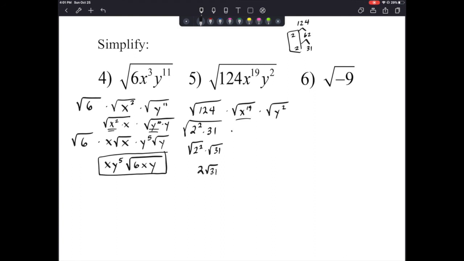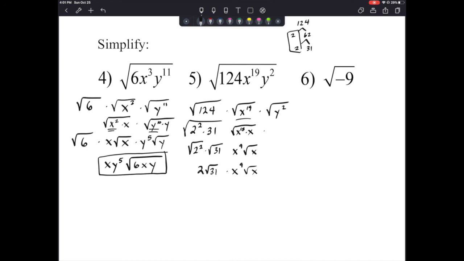Square root of x to the 19th would be the square root of x to the 18th times x. That's going to give us an x to the 9th times the square root of x. And then the last one, the square root of y squared.